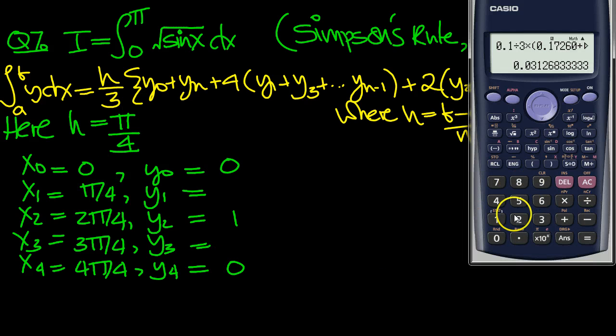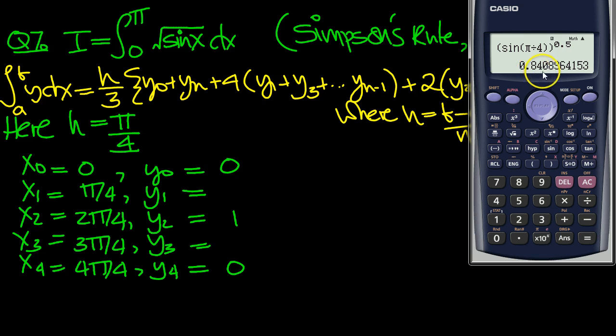So let's do that then. Sine, we're in radians mode, and it's pi over 4. Pi divided by 4, close bracket. And we want that thing, put a bracket around it all, because we want to square root it all, don't we? And let's do power half, so that would be power 0.5.